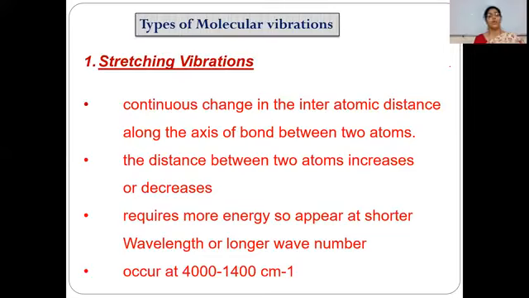That means on the same bond axis, the distance between the two atoms can increase or decrease: compression or stretching. This requires more energy. When it requires more energy, it appears at shorter wavelength or higher wave number. Stretching vibrations generally show absorption at 4000 to 1400 centimeter inverse.